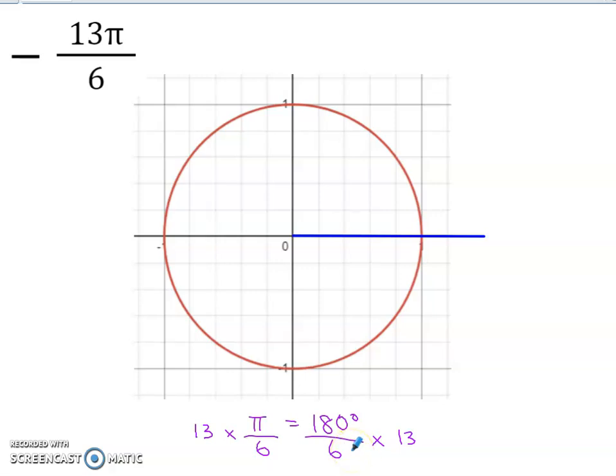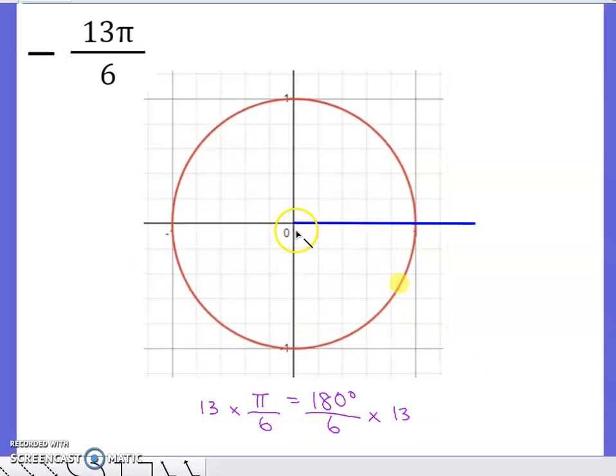I need to go a 30-degree increment 13 times around the circle's outer edge, and I need to do this in the negative direction. So if I go 1, 2, 3 30-degree increments, 4, 5, 6, 7, 8, 9, 10, 11, 12, a 13th 30-degree increment is going to put me 30 degrees into the fourth quadrant, so not quite halfway through the fourth quadrant.